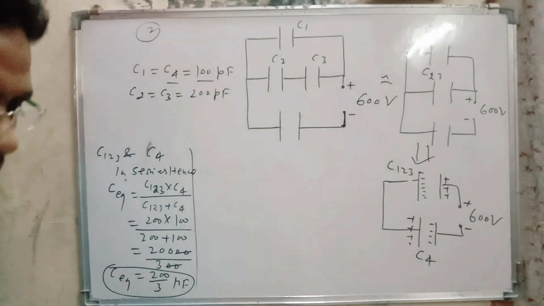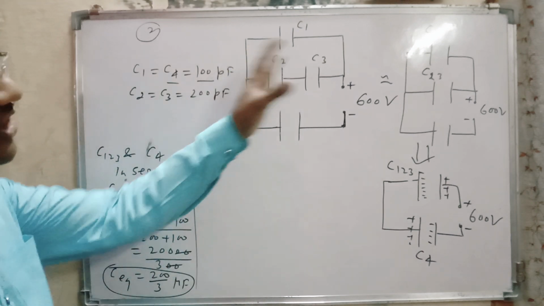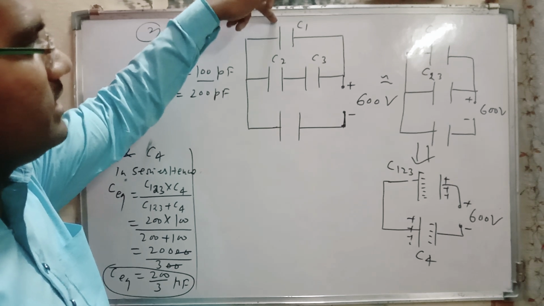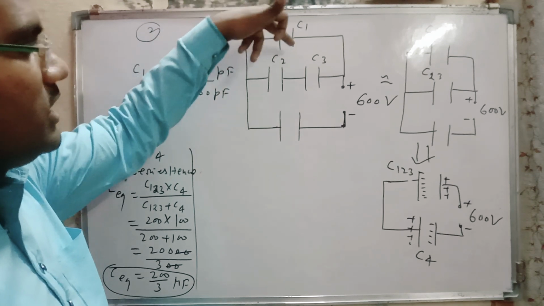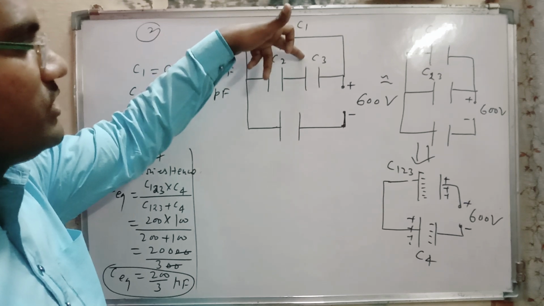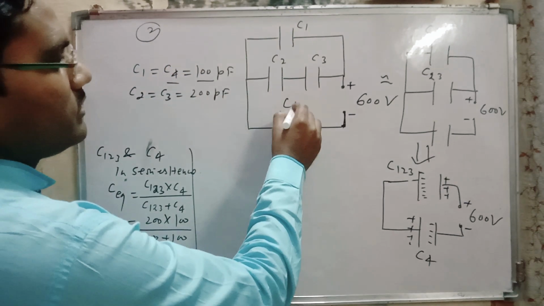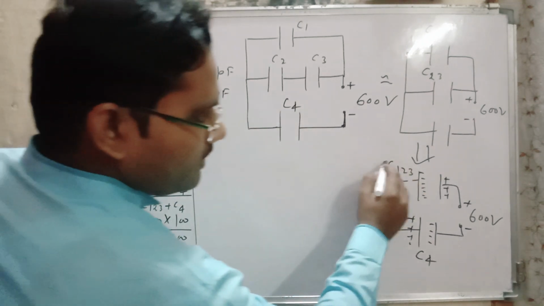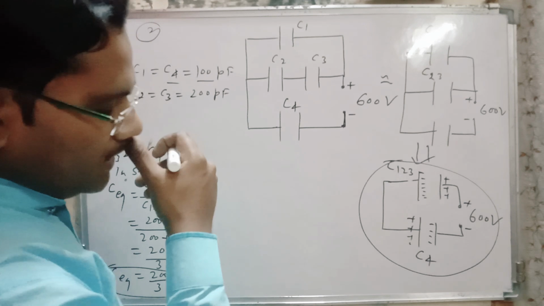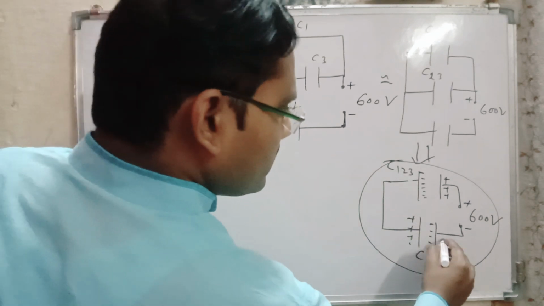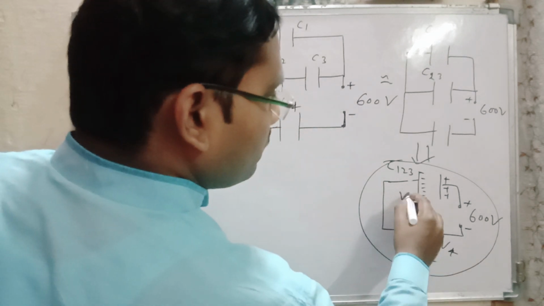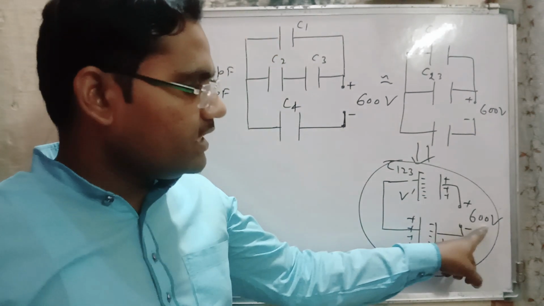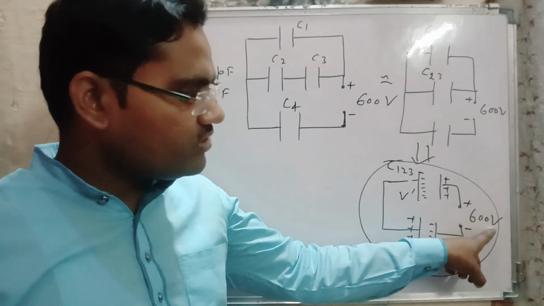Now here we find the potential and the charge of each capacitor. That means we have to find the potential at C1, charge at C1, potential at C2, charge at C2, potential at C3, charge at C3, and charge at C4 and the potential at C4. Now from this network, let the potential here be V4 and here V dash, and the total potential is 600 volt.